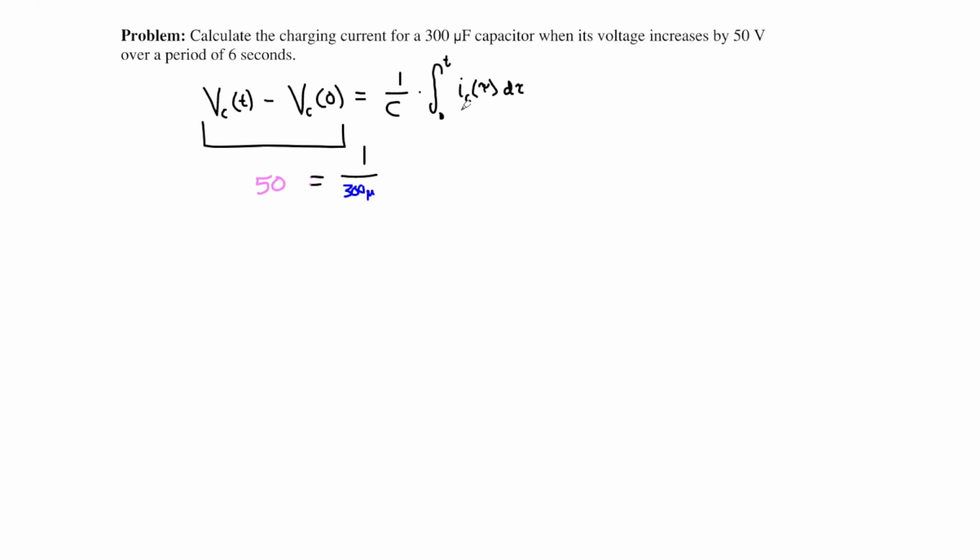Evaluating this integral from 0 to t of the charging current gives us a product of the period multiplied by the charging current. Therefore, plugging in to solve, we are able to conclude that our charging current of this capacitor is equal to 10.8 milliamps.